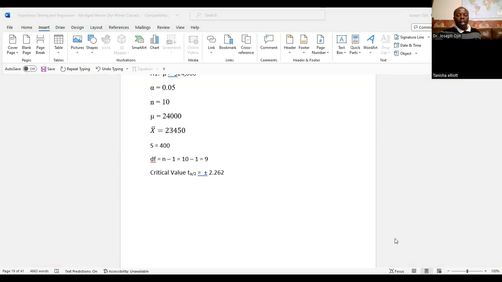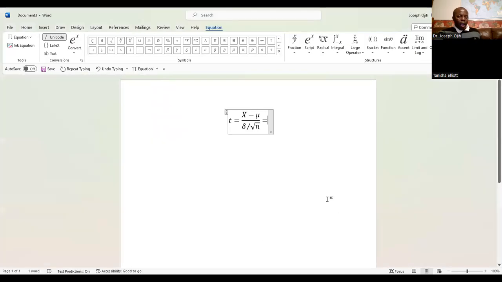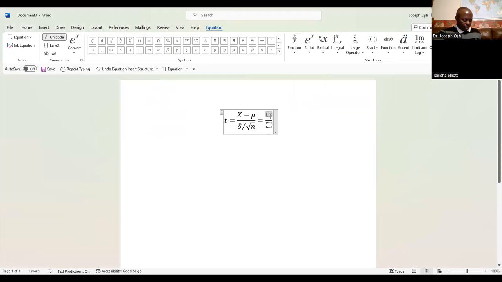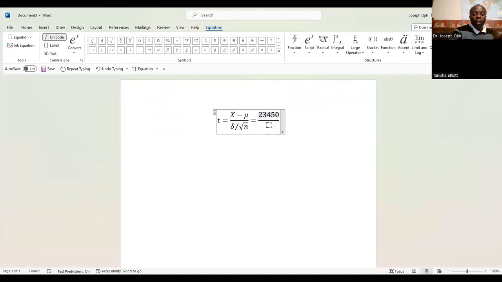Okay. All right, we got this. X bar is 23,450, minus mean is 24,000.